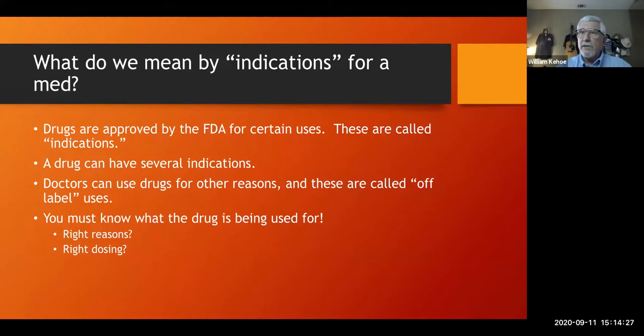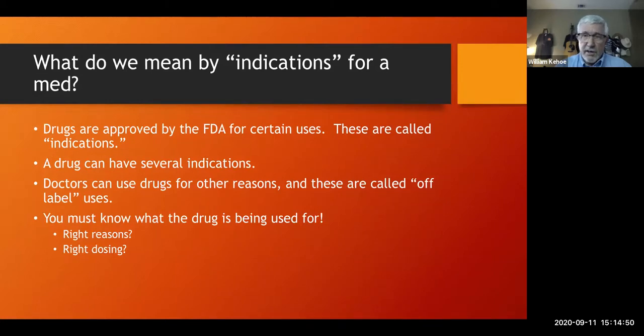And it becomes standard, what we call standard of the practice in that community of specialists. And so medications can be used in what's called an off-label fashion. The bottom line for us who take care of consumers is that for a drug, we need to know, are we giving it for the right reason, and is it in the right dosing?